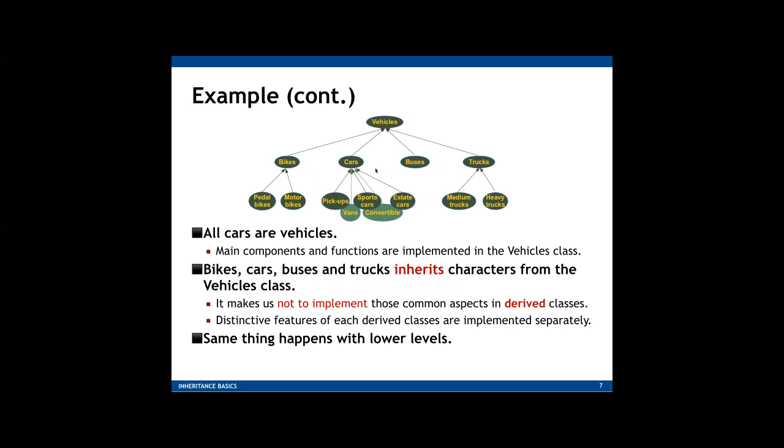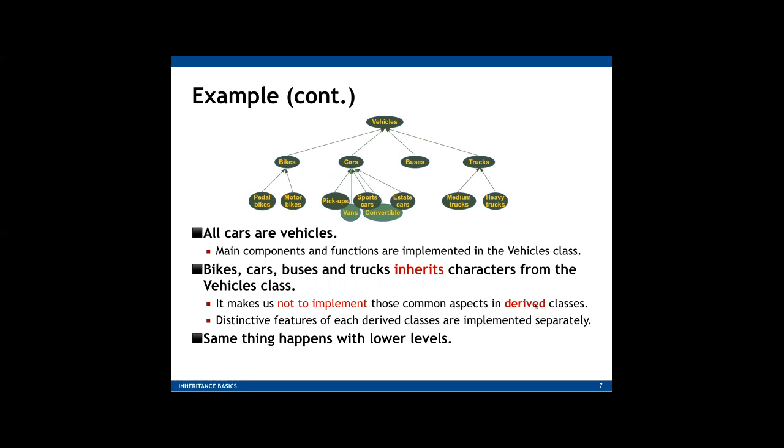Now in these four classes, you don't need to redundantly put common properties of vehicles and only need to put specialized properties for each type of vehicle. This is inheritance.